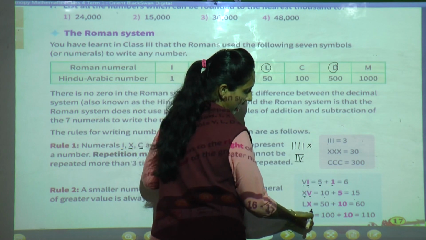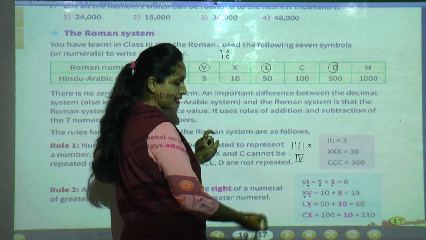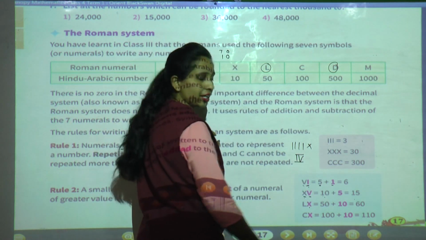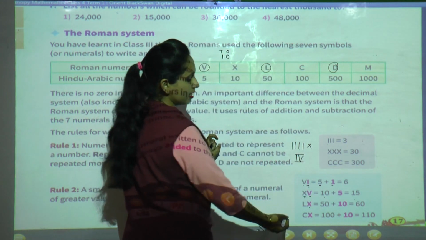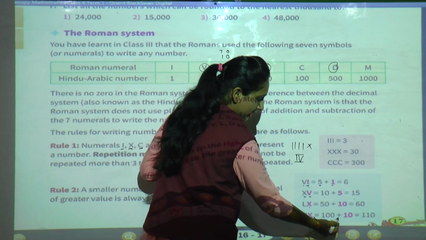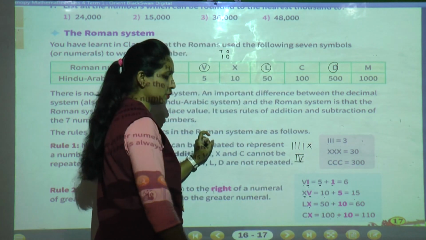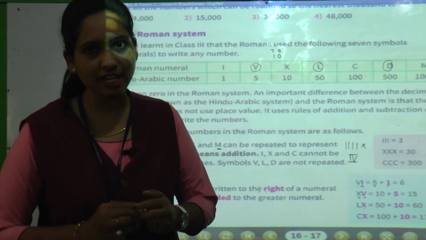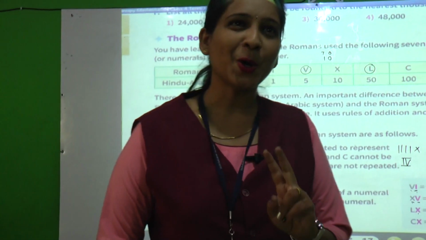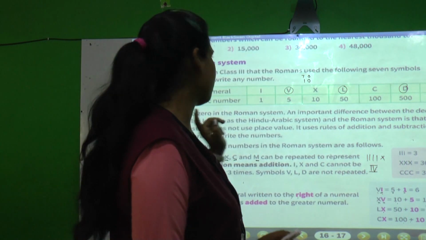Here you can see L and X. X represents 10, L represents 50. So 50 plus 10 is 60. C and X: C represents 100 and X represents 10, equals 110. Today we have seen 2 rules of the Roman numeral system.